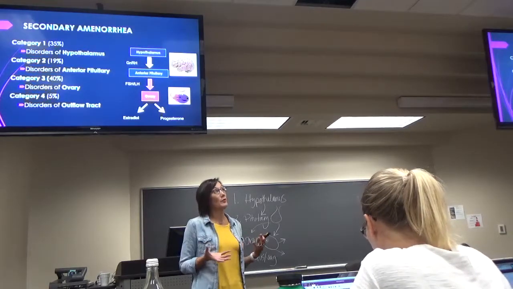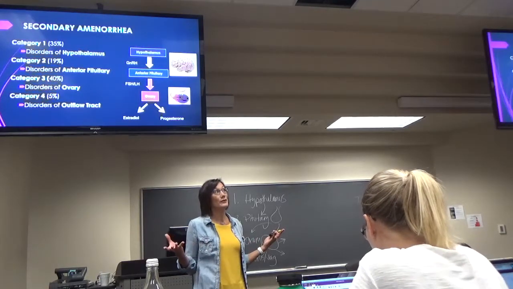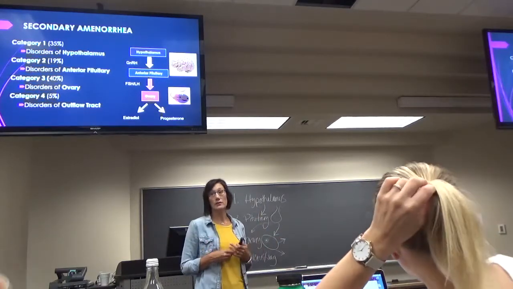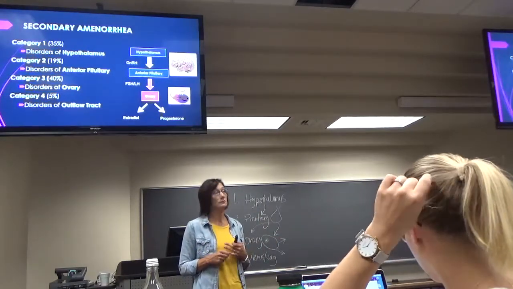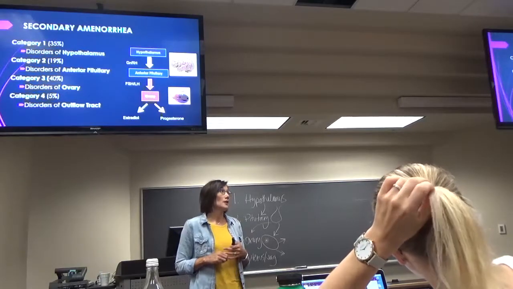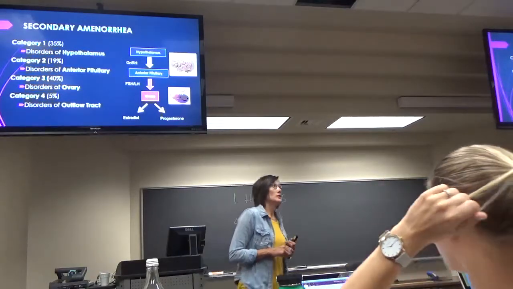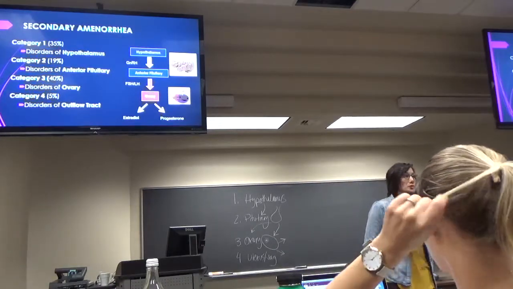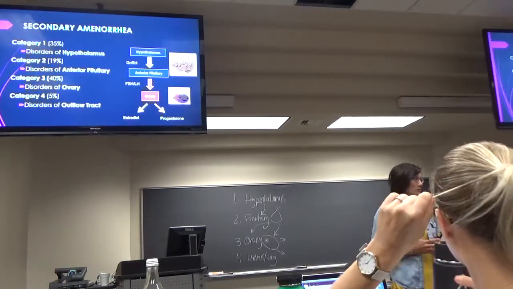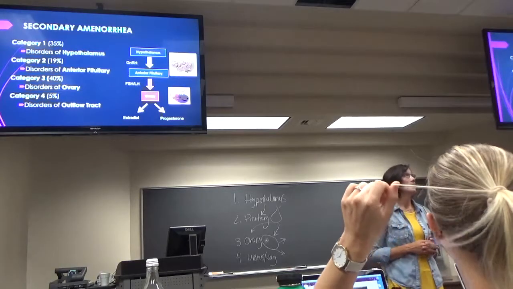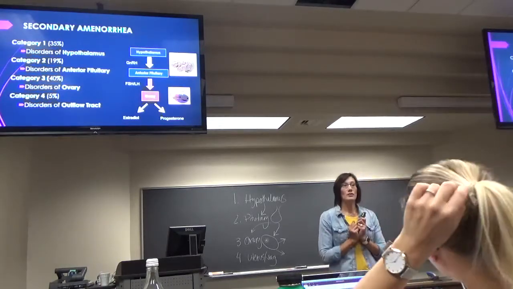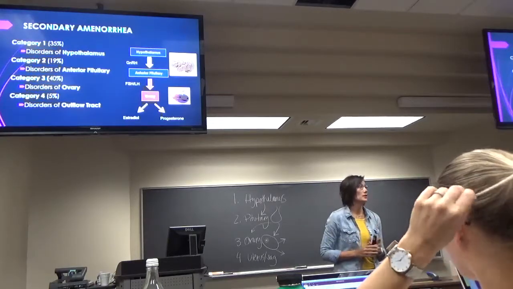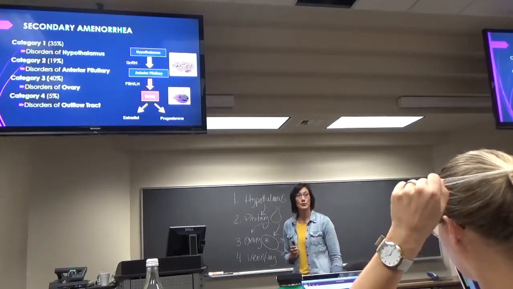But right there you've got 55% of everything going on at the level of the brain. 40% then are going to be ovarian failure, where the estrogen and progesterone from the ovary itself isn't working correctly. That's pretty much all of the things you're going to see in run-of-the-mill practices. Then you have this tiny 5% that are outflow tract problems.